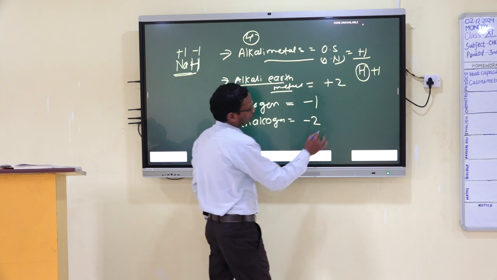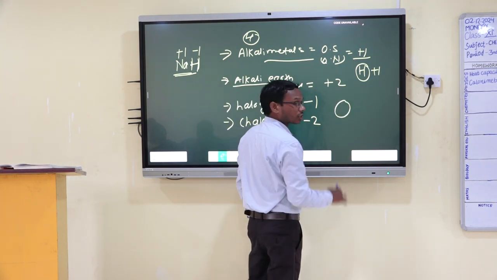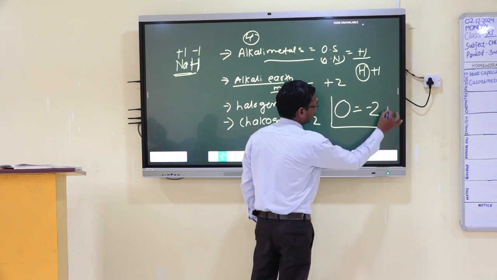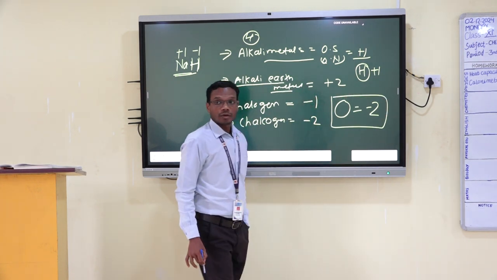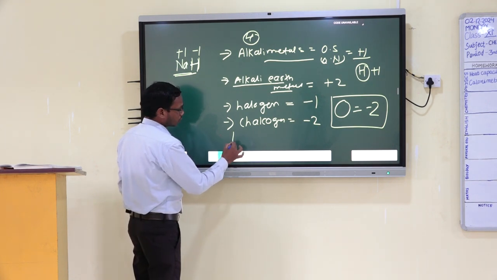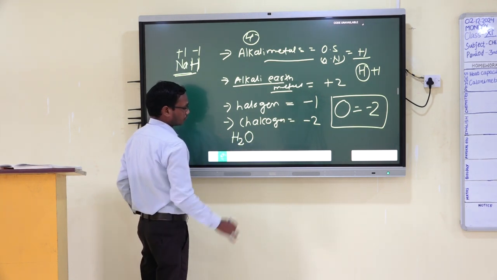Now again, the oxidation number of oxygen, you know, is -2. But find the oxidation number of oxygen in H2O2, hydrogen peroxide.